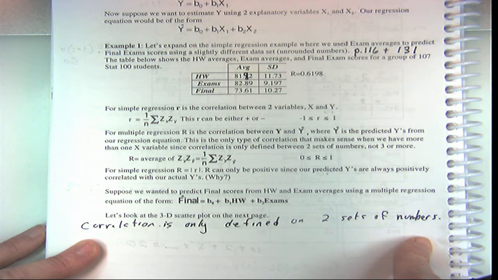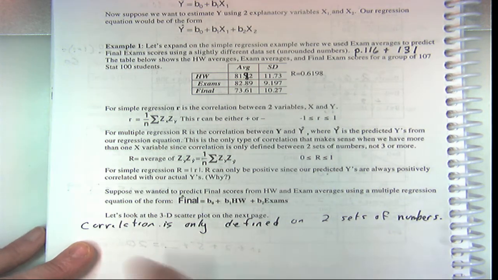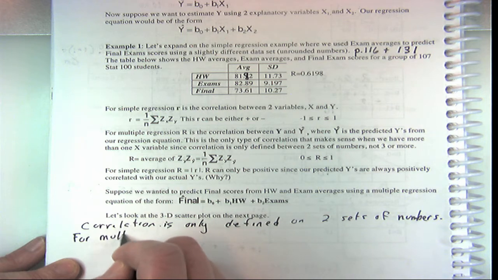So for the correlation in multiple regression, where you have three variables, you need to get two variables. So for multiple regression, you have to do something different.